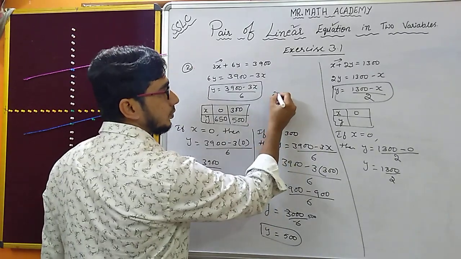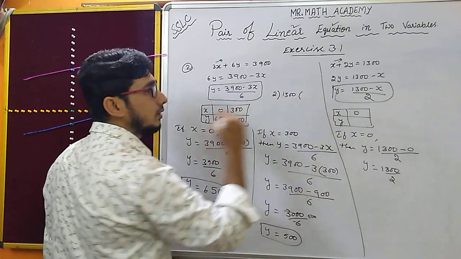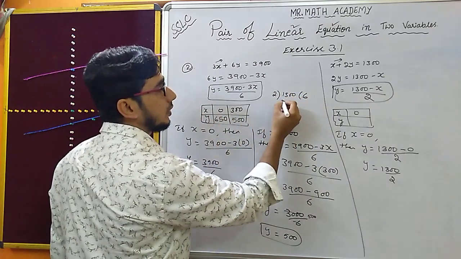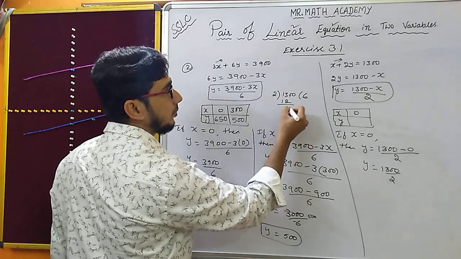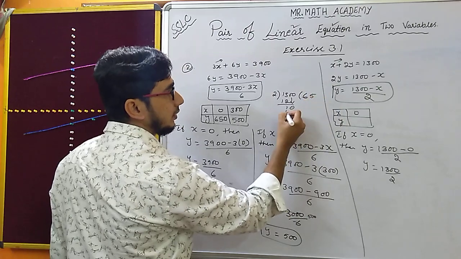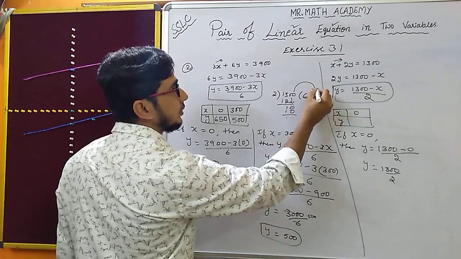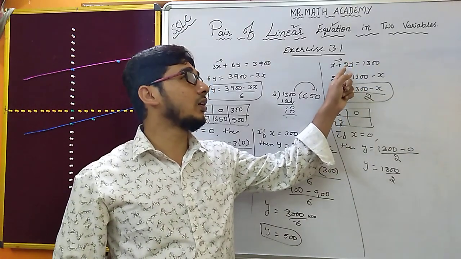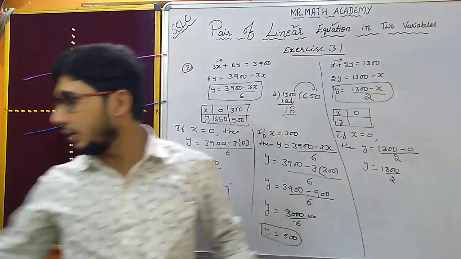If we divide 1300 by 2, 2 6s are 12, 1 remaining, 2 5s are 10, 0 shift it here. I took 3y, it is wrong, I did not observe. That is 2 ball.